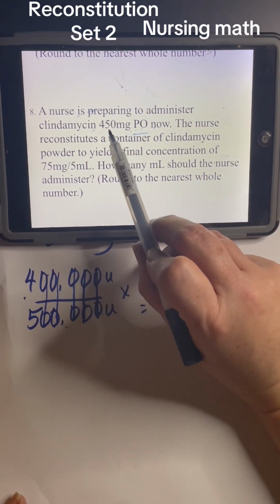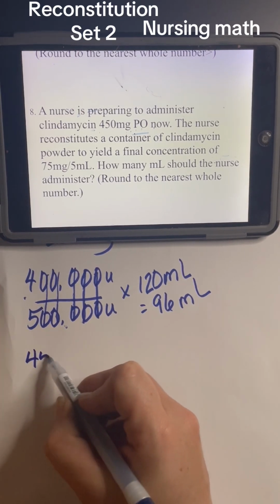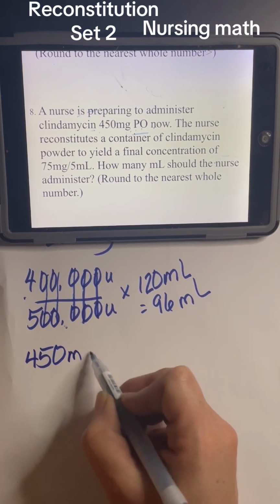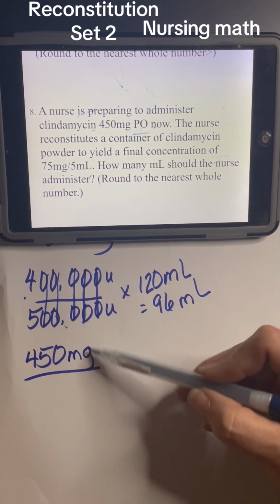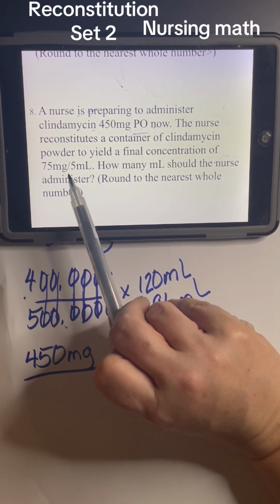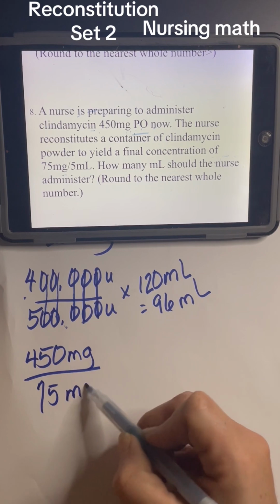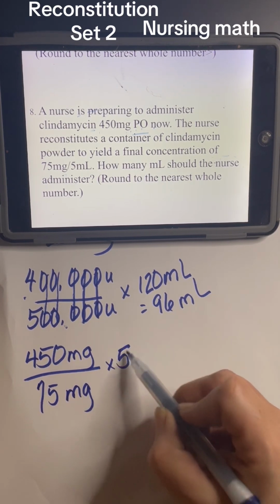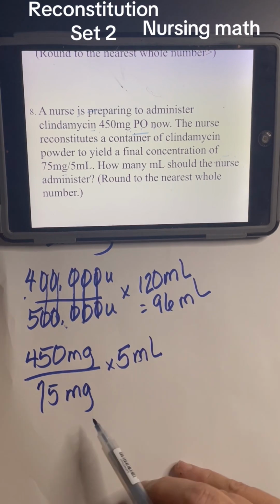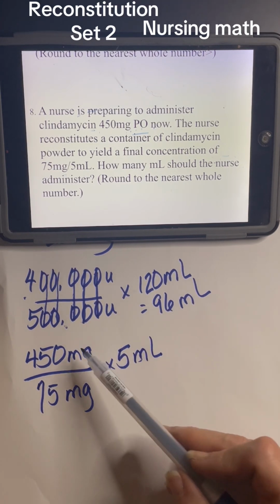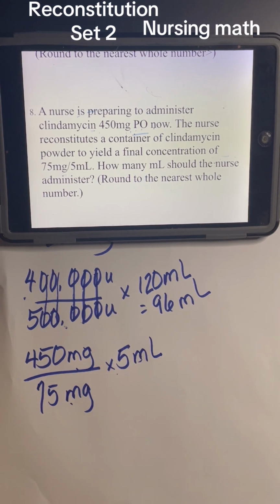Okay, so our dose ordered is 450 milligrams. To go in this fraction, it's got to have the same last name. I have 75 milligrams. And how does that come in per 5 mLs? And then we're going to do the math. This divided by that times that.